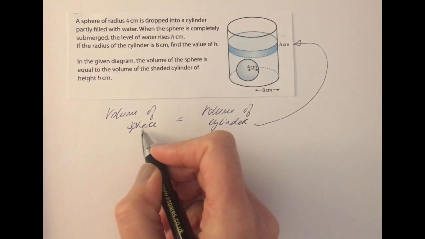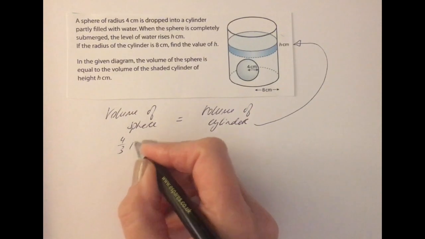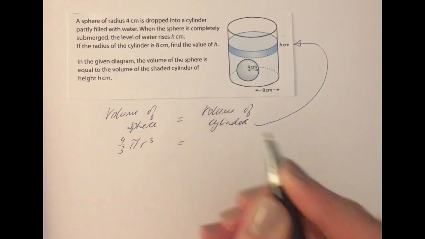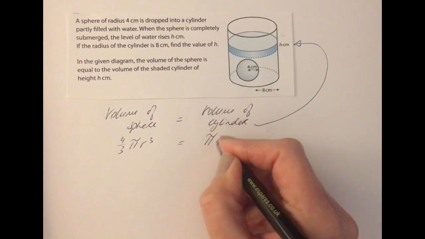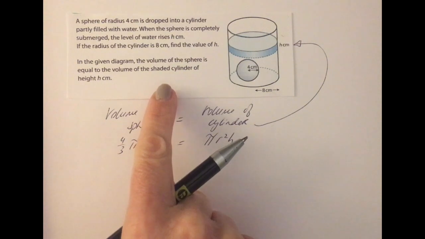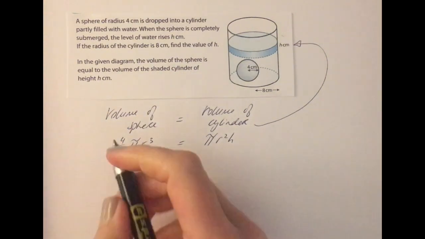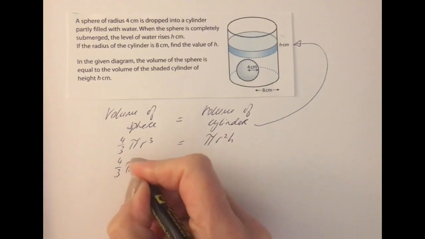So volume of a sphere, get that formula written down for yourself straight away, and that is 4/3 pi r cubed. Volume of a cylinder, of course, is pi r squared h. So filling in, it doesn't say what to take pi as, so my advice is to leave pi as pi on the calculator. So we have 4/3 pi.